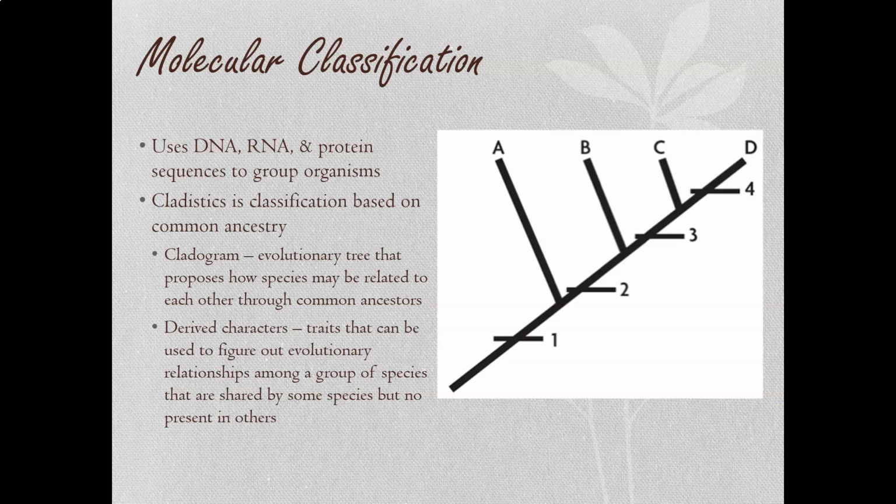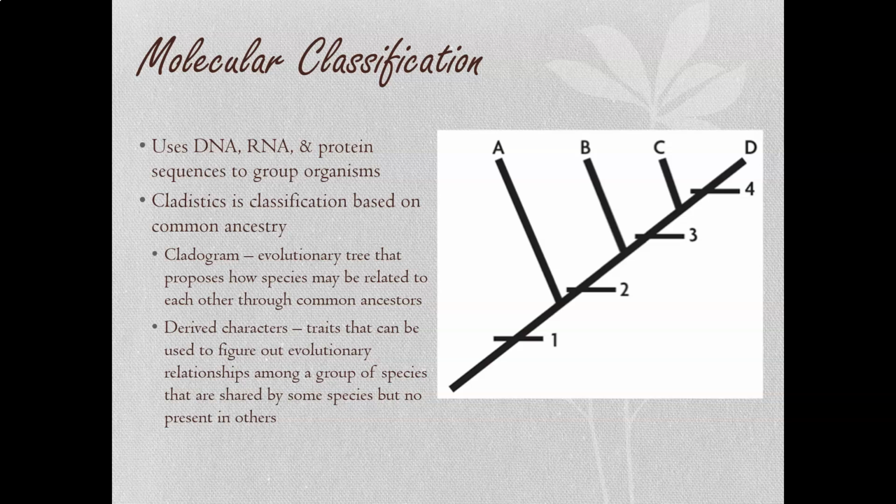And those derived characters are traits that we use to figure out evolutionary relationships. So those derived characters can be physical things. Do they have feathers? Do they give live birth? Do they swim? But those derived characters can also be the molecular stuff, the DNA, the RNA, the protein.